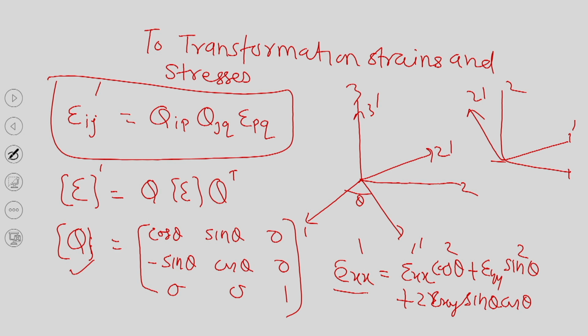You substitute those values. What is your epsilon? Epsilon is epsilon xx, epsilon xy, epsilon xz, epsilon yx, epsilon yy, epsilon yz, epsilon zx, epsilon zy and epsilon zz. This is your matrix. If you multiply with this, you can get all the components: epsilon 11, epsilon xy.